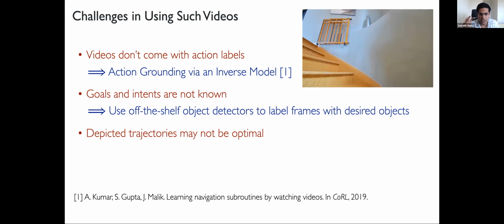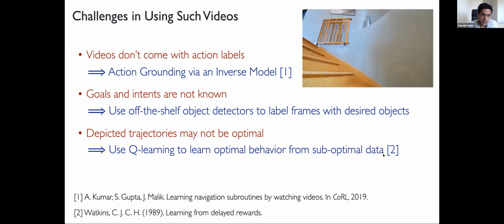So again, remember the task is I want to find, for example, a chair or a bathroom, or going back to Abhinav's talk, I'm trying to find a toilet seat or whatever, right? So I have object detectors for these and I will run those. And that's where my, in some sense, reward signal is going to come from. And the last aspect, which is that depicted trajectories may not be optimal, we are going to use Q learning, and that can generate optimal behavior from suboptimal data.